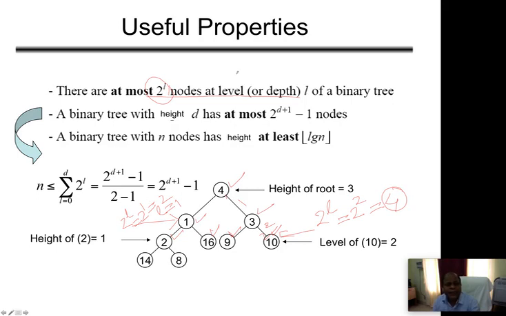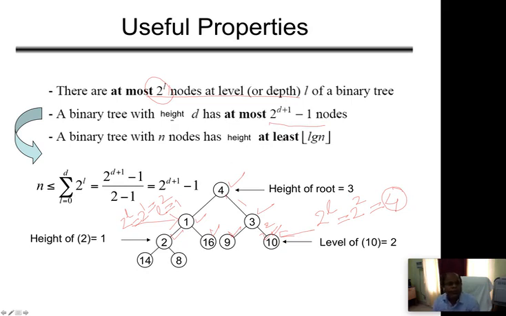Next, a binary tree with height d has at most 2 to the power d plus 1, minus 1 nodes. What is it saying? A binary tree with height d has at most 2 to the power d plus 1 minus 1 nodes.